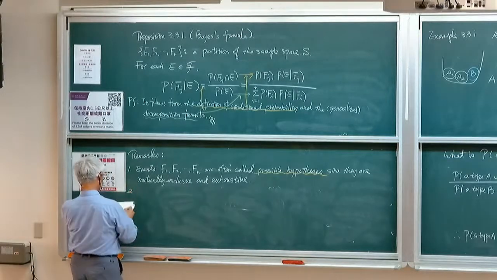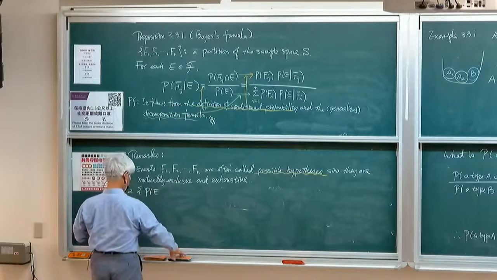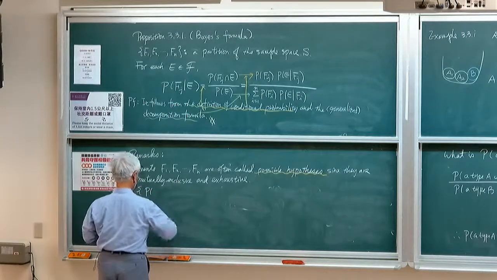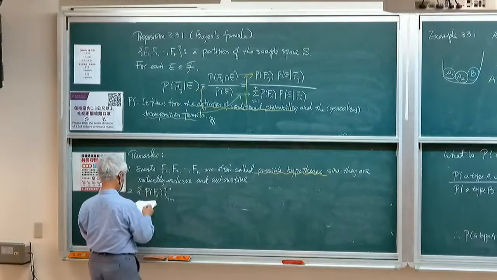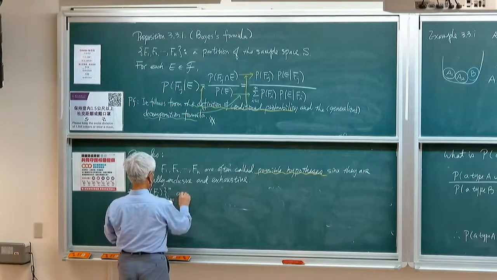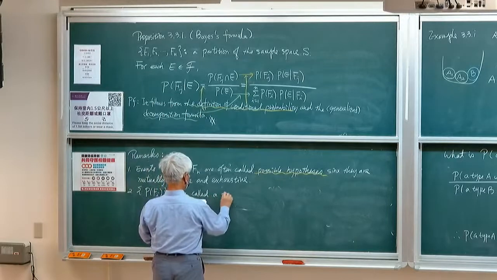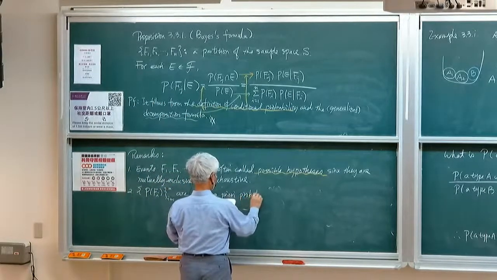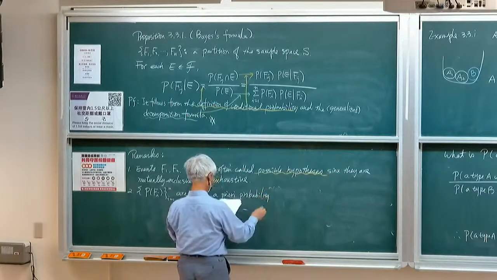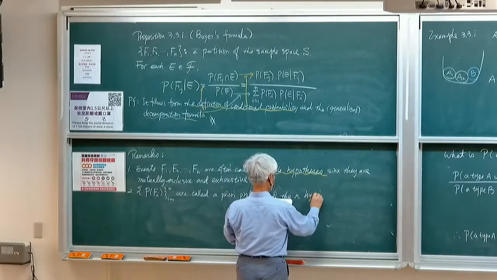Second, the set of the probabilities of these possible hypotheses, okay, are called the a priori probabilities of the n hypotheses.